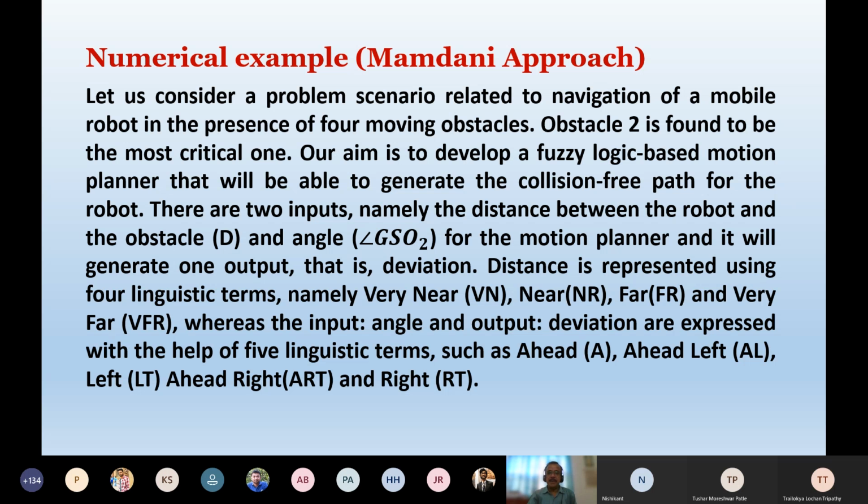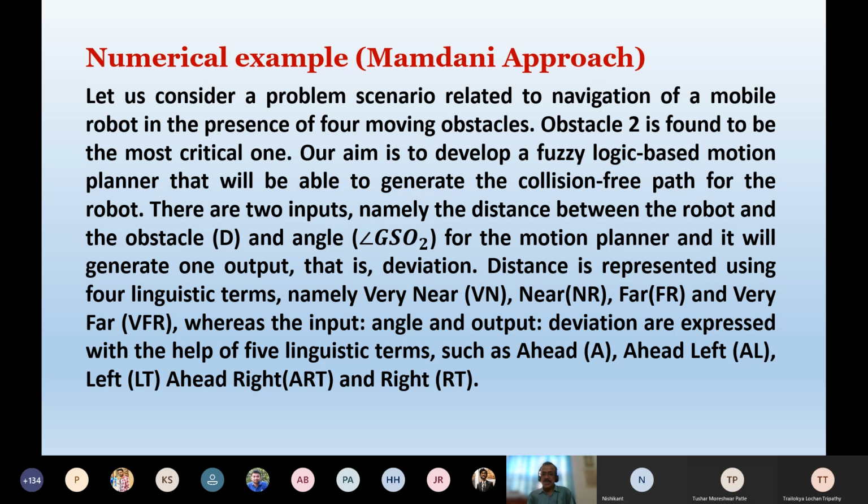Our aim is to develop a fuzzy logic based motion planner that will be able to generate the collision-free path for the robot. There are two inputs, namely the distance between the robot and the obstacle, I'm going to show you on the figure, and the angle GSO2, for the motion planner, and it will generate one output, that is deviation.